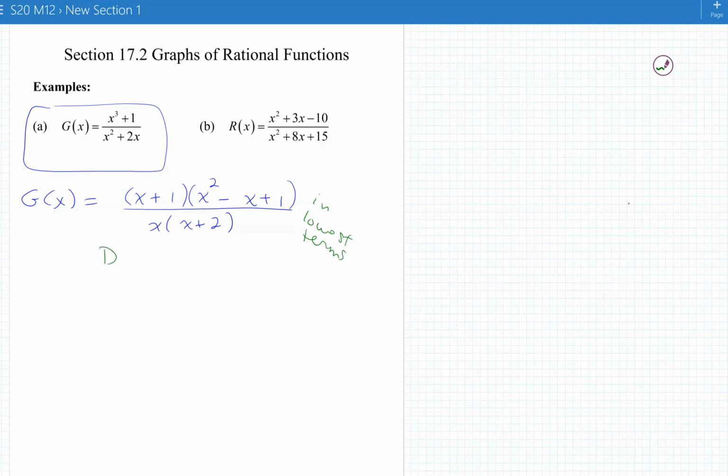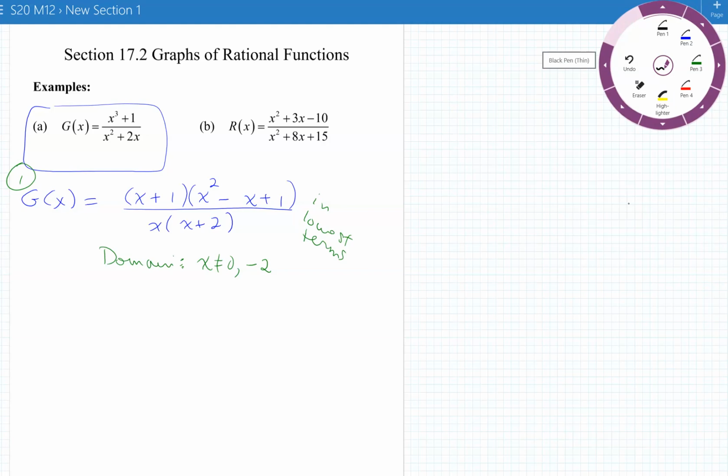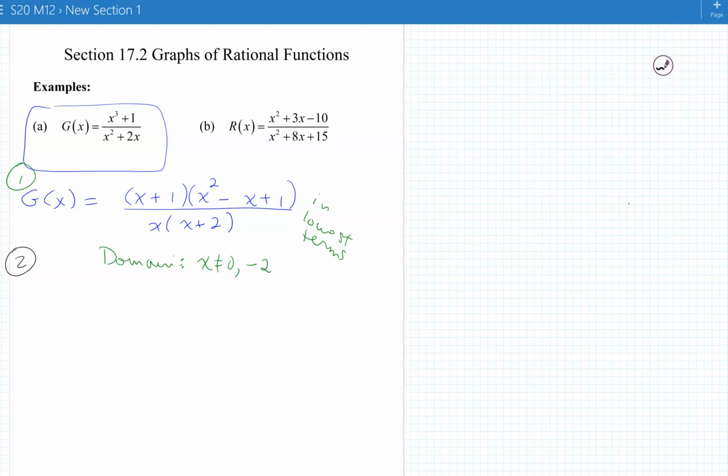And then the domain is going to be x can't be 0 and x can't be -2. So that's step 1, is to factor the numerator and denominator and find the domain. And step 2 is write it in lowest terms. It already is. So then step 3 is find intercepts of the graph.